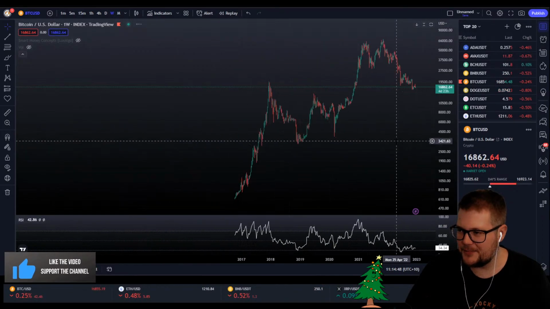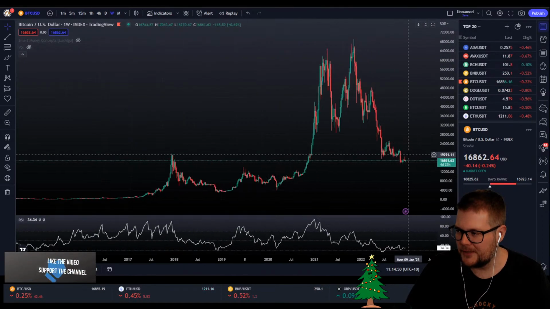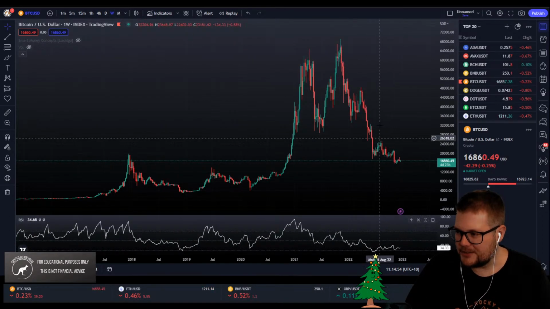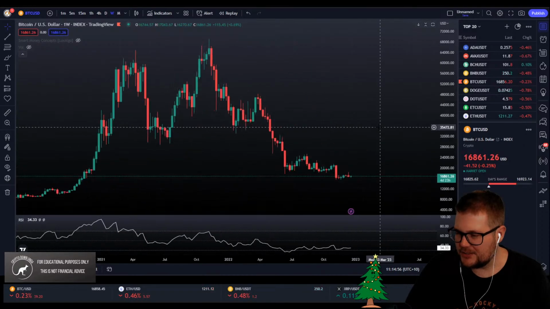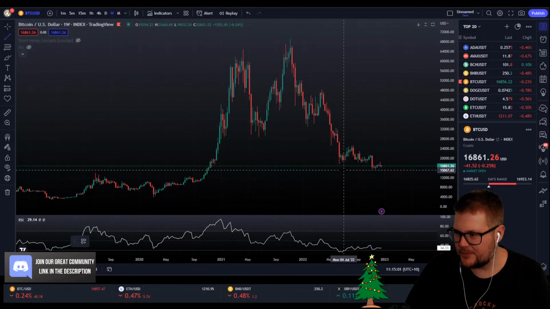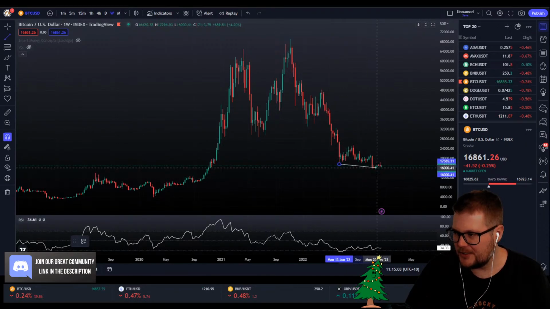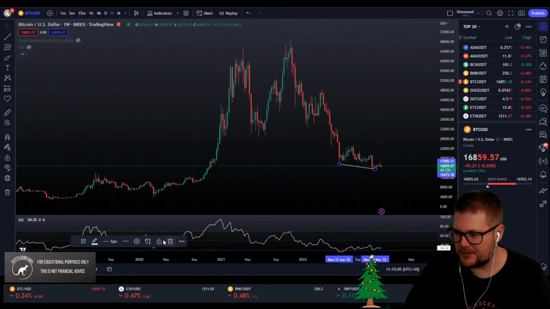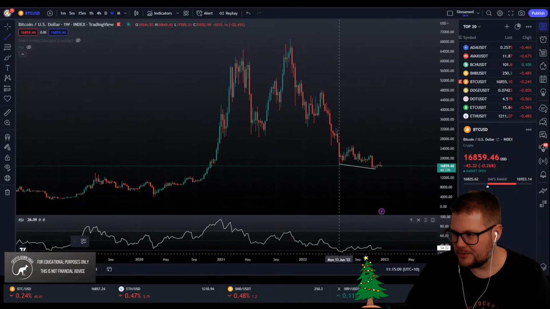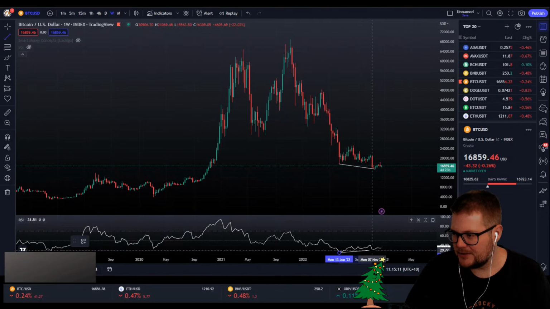I just want to see what's happening on the higher time frame. Out on the weekly, we've still got a lot of evidence of bullish divergence. We've got a lower low here on price. It's very clear. Lower low on price, higher low on oscillator.